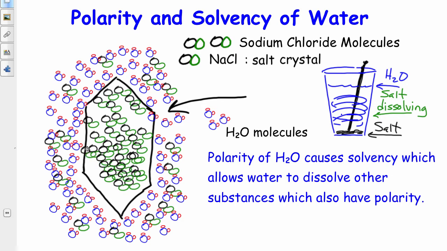So little by little, and I think you're probably getting the idea, if we're stirring up the water, and we have salt in the water, the sodium chloride molecules are becoming mixed, and they come off of the crystal structure.